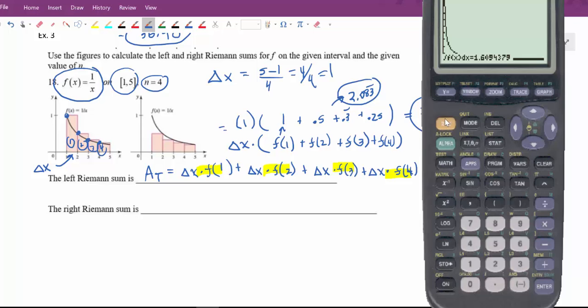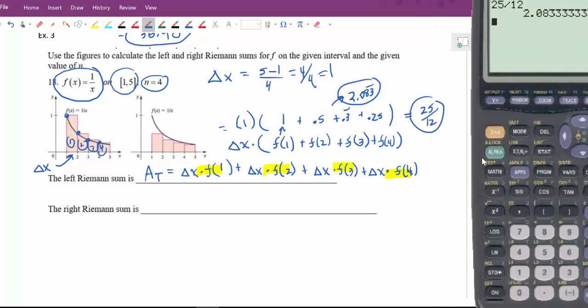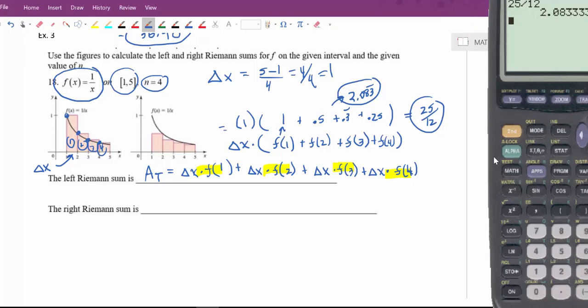Okay, now let's go ahead and do the right Riemann sum. Now you can save yourself a little bit of time by doing a couple of things. When we do the area total, it's really going to be delta x times the sum of all of those function values. Okay, you can factor that out. Now this time, when you look at the first rectangle, what are you going to use?